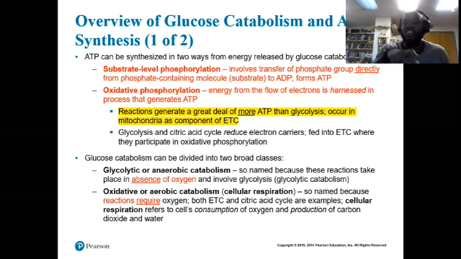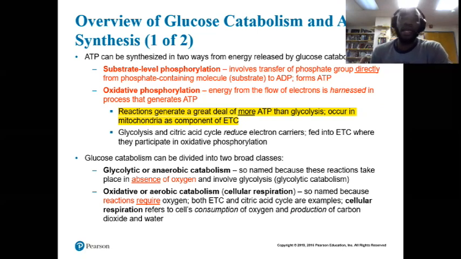Remember, once we have ATP, we can use it in two ways. We can use it in a phosphorylation, transferring the phosphorus, or we can use it in breaking apart that last bond and releasing that energy and using it that way.